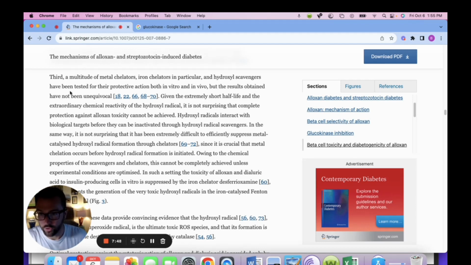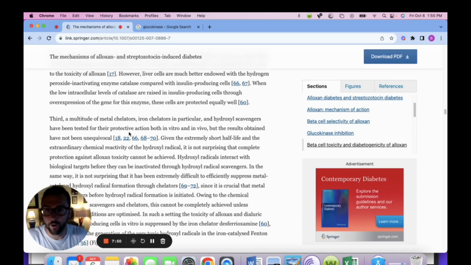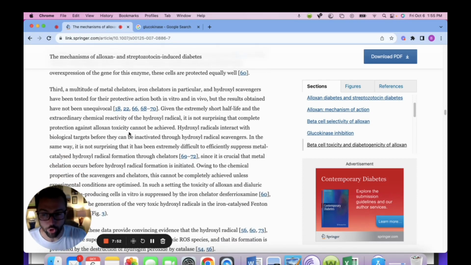They've spent the past few paragraphs here talking about how you can interrupt how those superoxide and hydrogen peroxide are converted to hydroxyl radicals, right? You're taking the superoxide and the hydrogen peroxide and preventing it from becoming the hydroxyl.